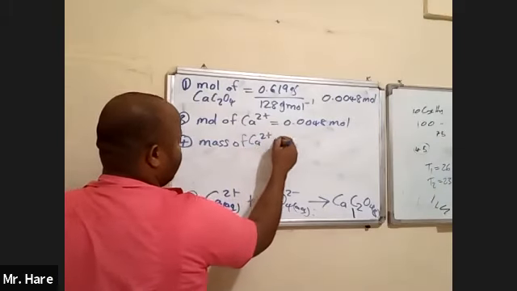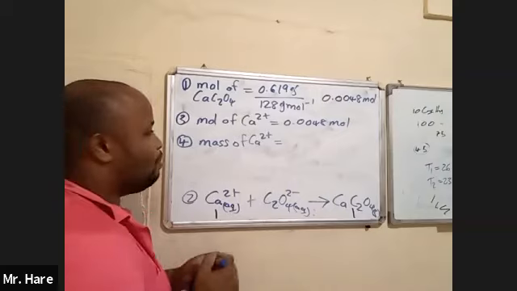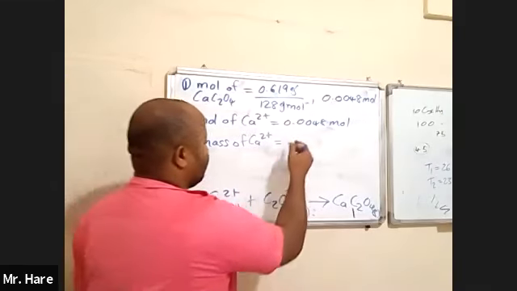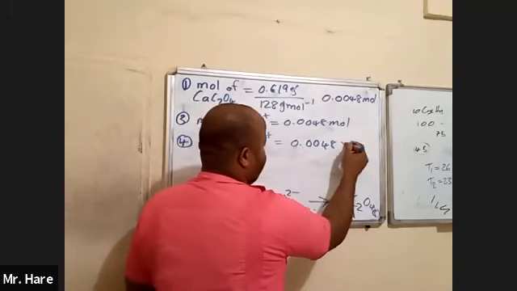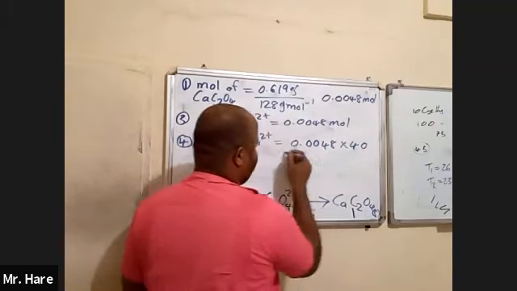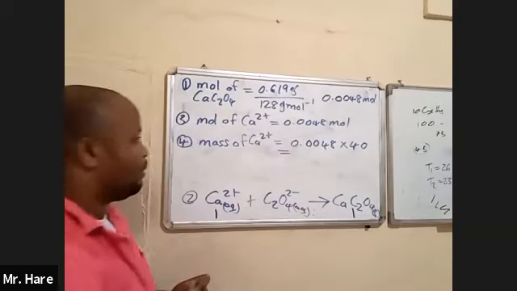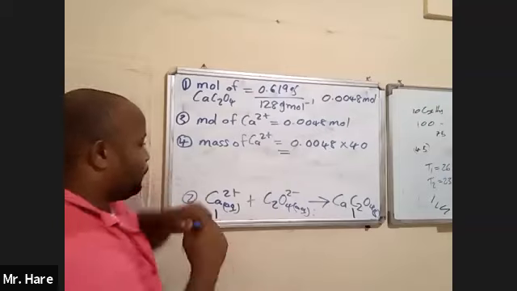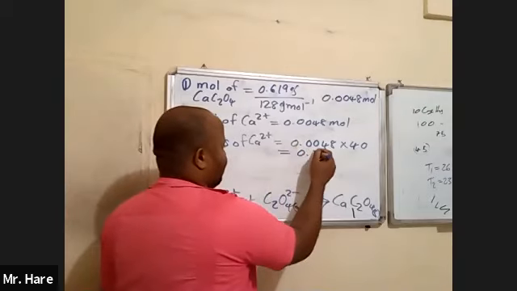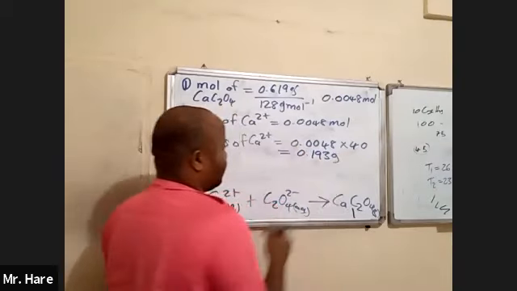Mass is equal to moles times molar mass. So 0.0048 times 40 will give us how much? 0.193 grams.